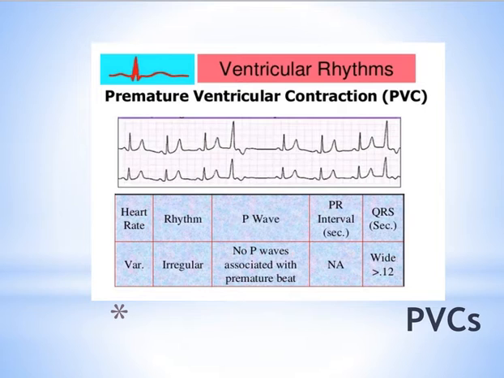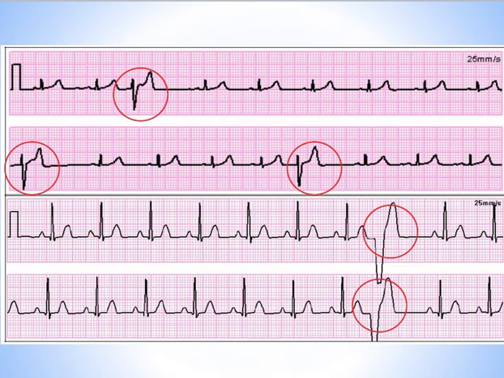And so usually PVCs are wide, weird, and upside down, but they can look like what's on the screen as well. I've got another picture here. The circled guys, those are examples of PVCs too.